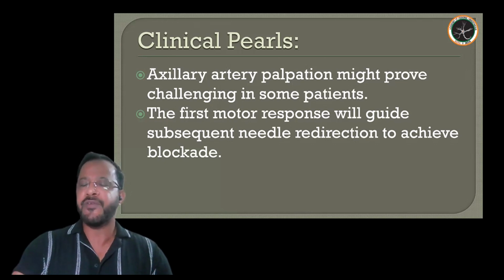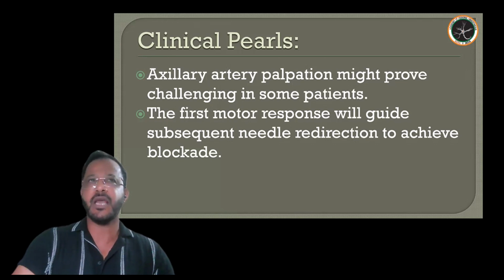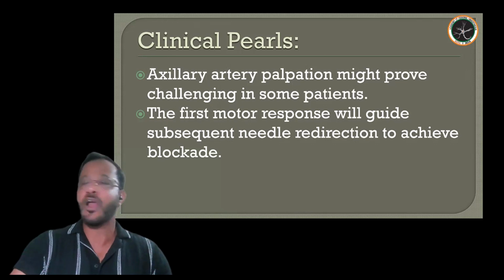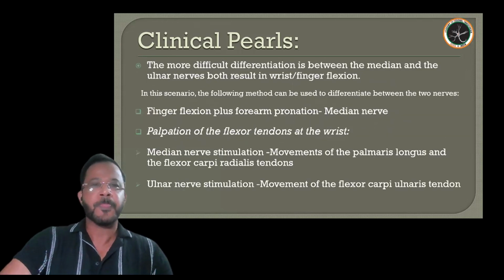Suppose you have inserted the needle and you are getting a median nerve response, it means your needle is above the artery. Suppose you are not able to palpate the axillary artery and you get a radial nerve response, it means your needle is below the artery. The subsequent needle insertion can be guided depending on the first motor response.